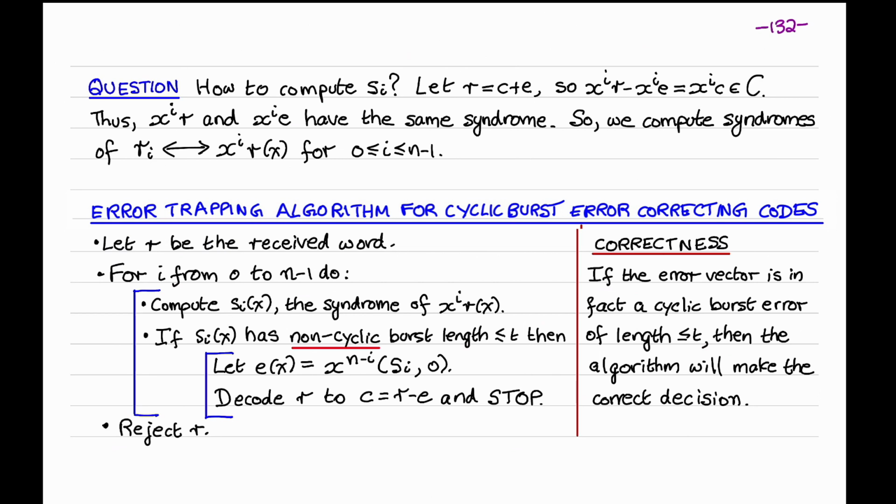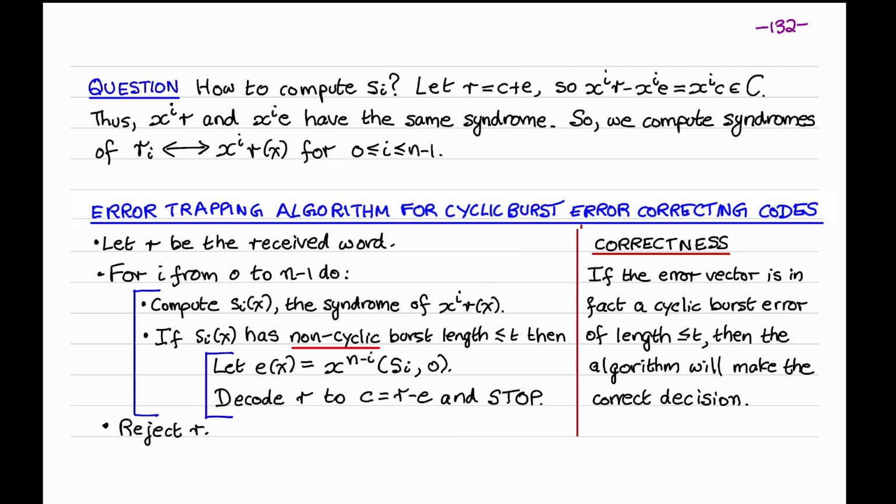And then the syndrome of E_i is a non-cyclic burst of length at most t. When this occurs, we know that the vector S_i, 0 has syndrome S_i, and it's a cyclic burst of length at most t. So, since C is a cyclic burst error-correcting code, this vector must be a cyclic shift of the error vector E. Therefore, the vector E is the vector E_i shifted n minus i positions to the right.